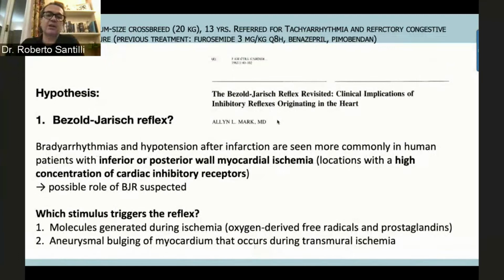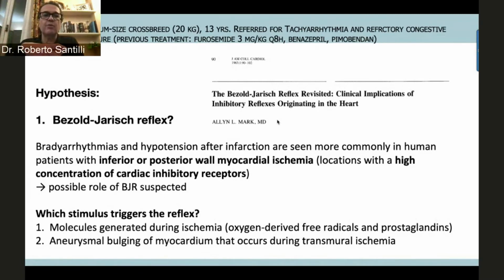For example, the Bezold-Jarisch reflex is very common in dogs with congestive heart failure and atrial fibrillation, and there is a stimulation of the C fibers within the myocardium, the left ventricle mainly, when the heart is beating and it's empty, particularly during AFib.